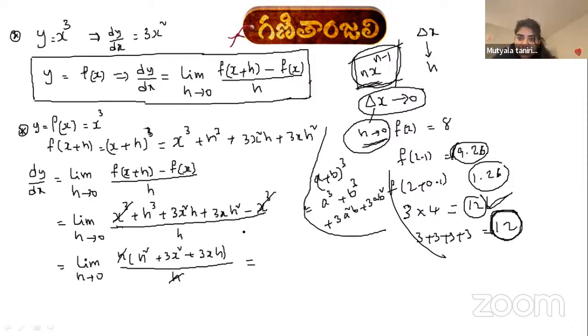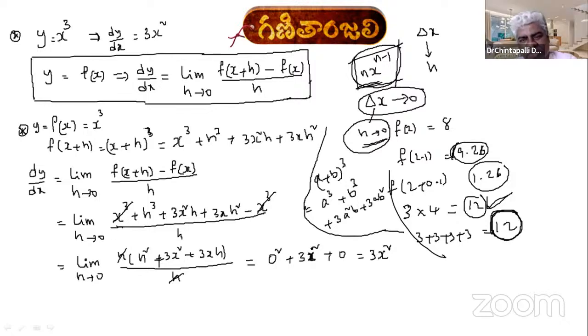Plugging in h equal to 0: h square means 0 square, plus 3x square, plus 3x times 0. What is 0 plus 3x square plus 0?